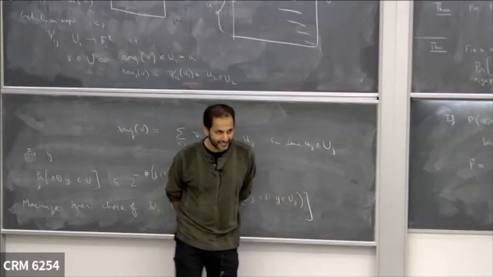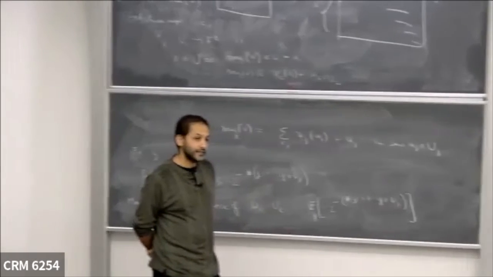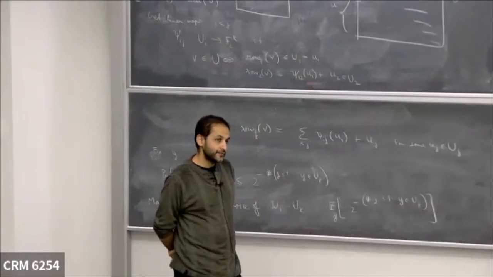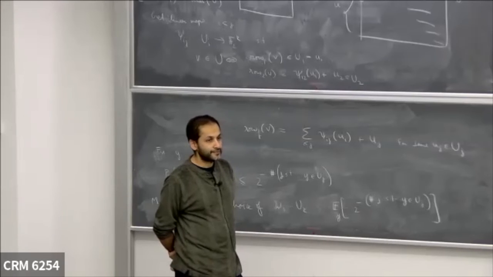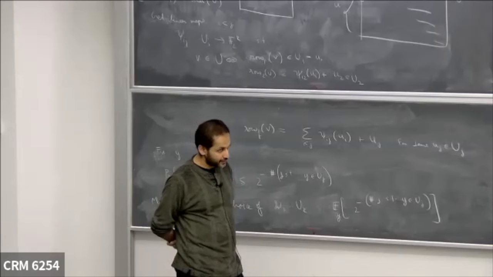So low bias gives high tensor rank, meaning high analytic rank gives high tensor rank. That makes sense, because random tensors have high analytic rank. That's the intuition, and that's the first statement.